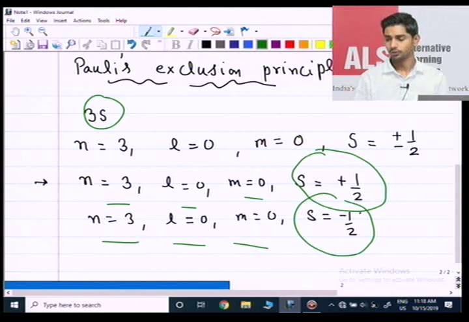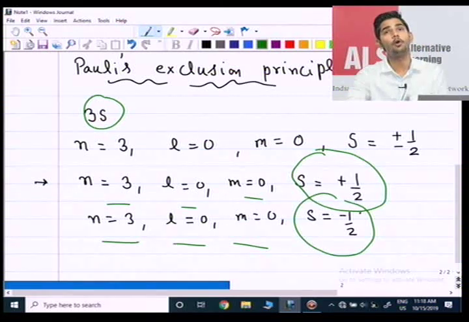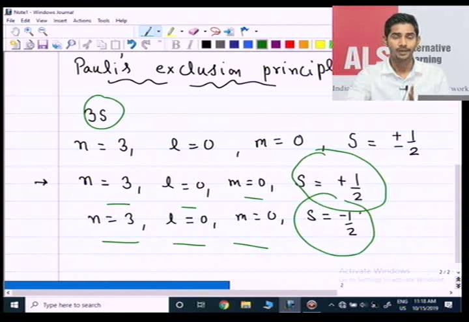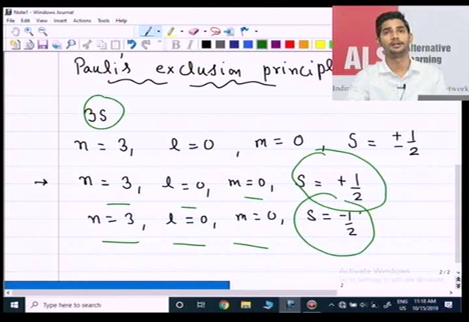So this is what Pauli's exclusion principle says. Whenever we talk about atomic orbitals, 3 quantum numbers can be the same, but the 4th one will always be different. Guys, remember, I'm talking about the 2 electrons. One orbital can have the 2 electrons, so the fourth quantum number will be definitely different.